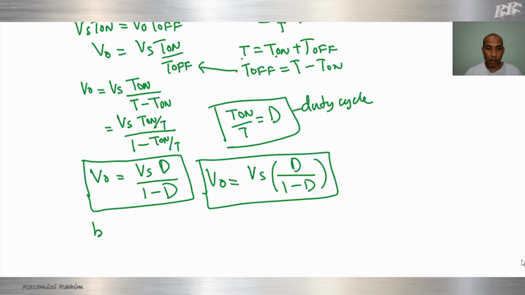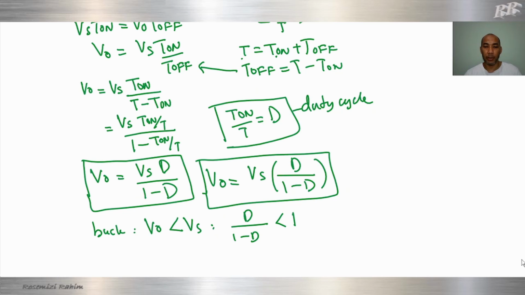Okay, for buck, we know that V out will be less than Vs. So from this equation, to get V out less than Vs, D over 1 minus D should be less than 1.